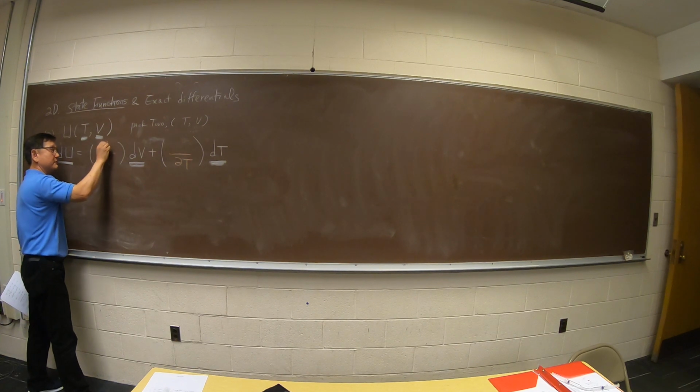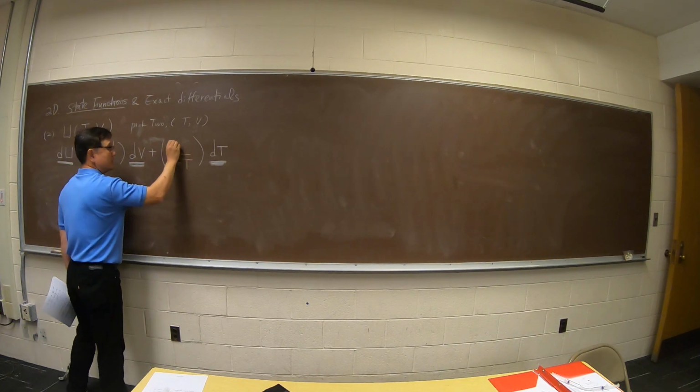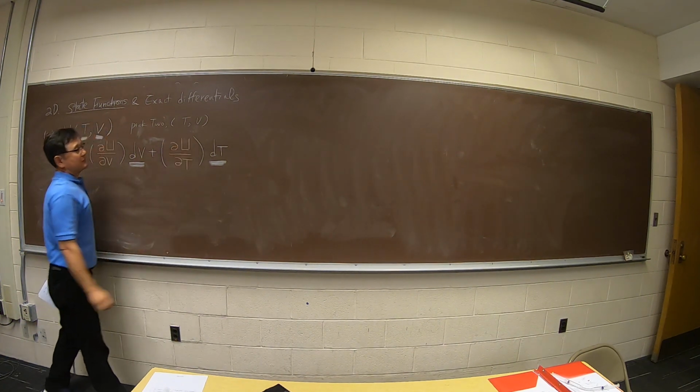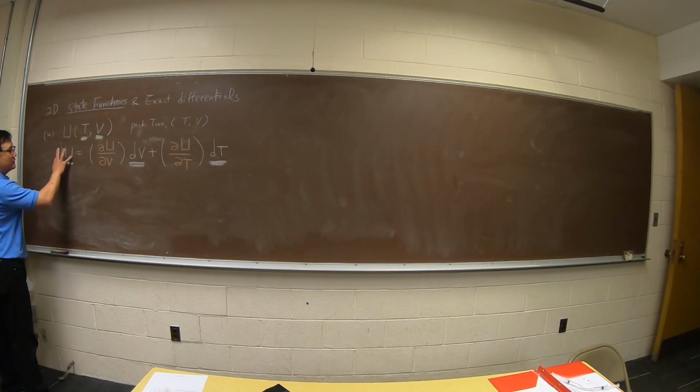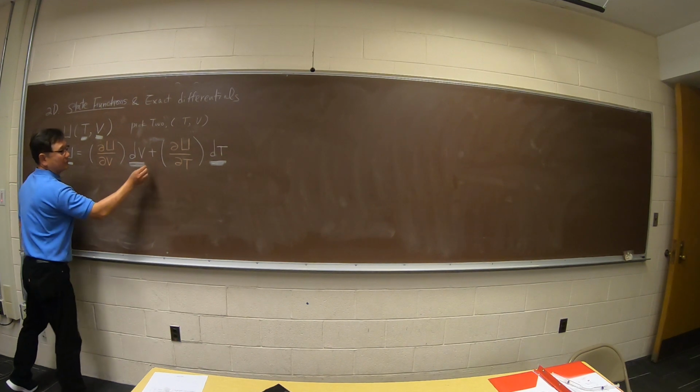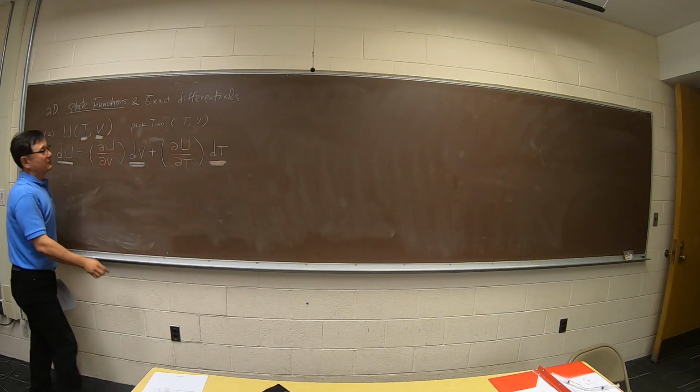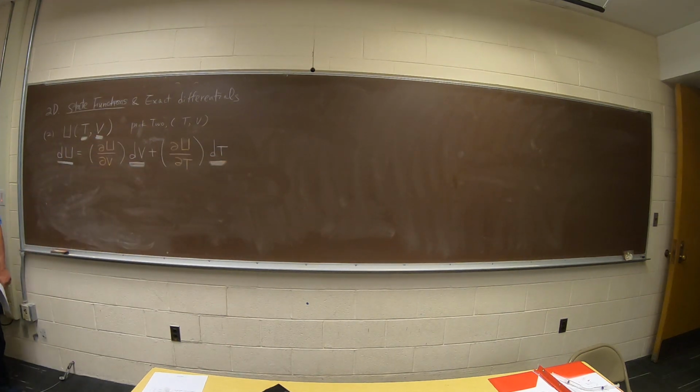So internal energy depends on the volume change, and internal energy depends on the temperature change, and that's a partial differential. This is pretty much what you ended up writing. And I think it's good practice for you to break it into two differential terms, and then see how everything works out.